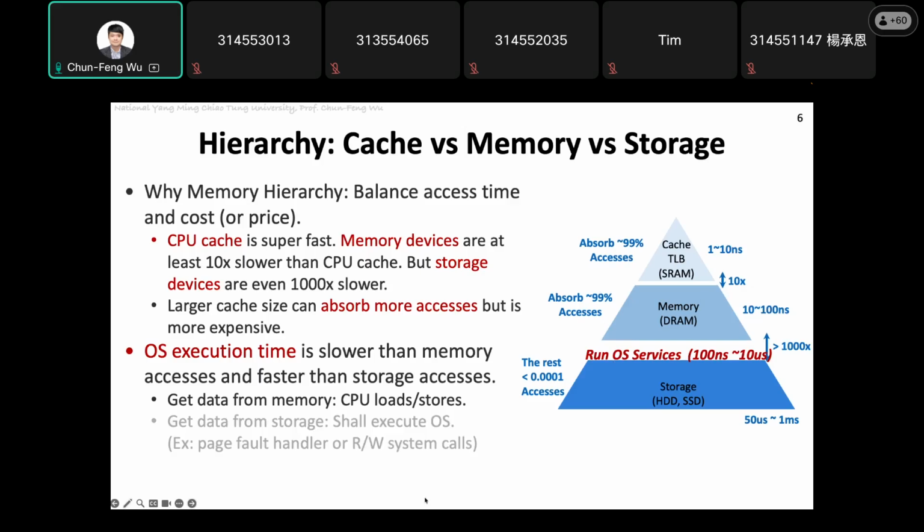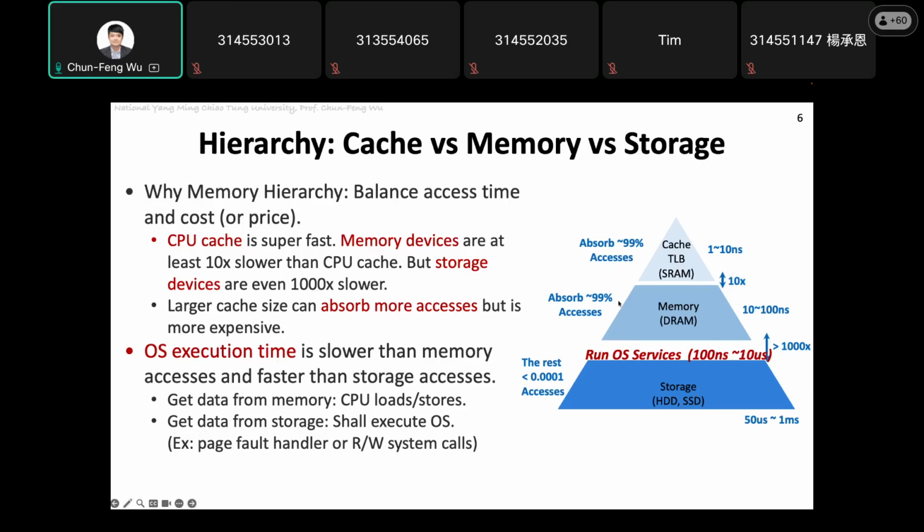But on the other hand, if we are going to get data from a storage device, for example, you have a movie and the movie is in the storage device, usually what we use is called a system call. So system calls and the page fault handler, those kinds of things are all part of the operating system.